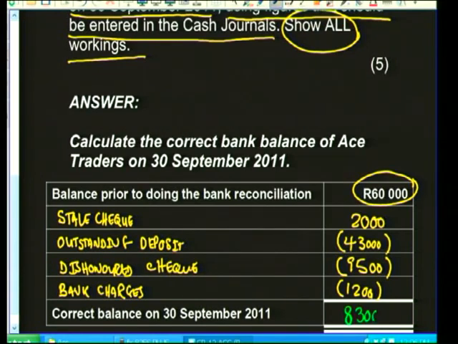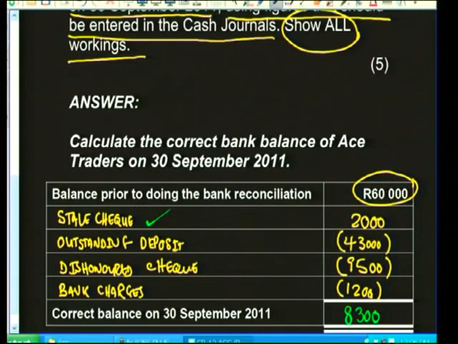There's the answer. And what have we now done? We've calculated the correct balance on the 30th of September to be 8,300.